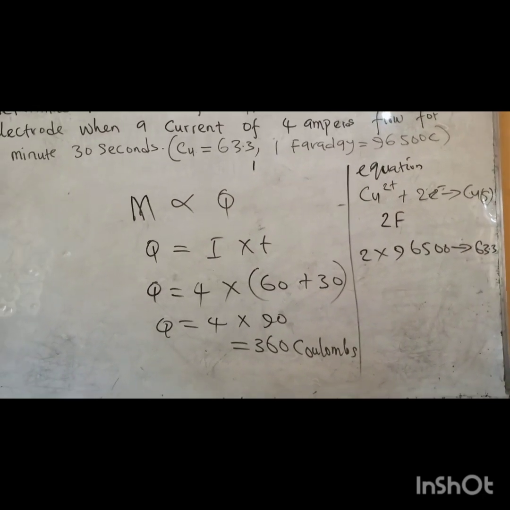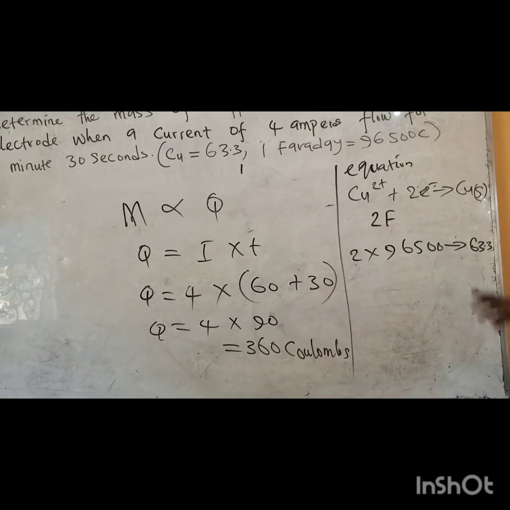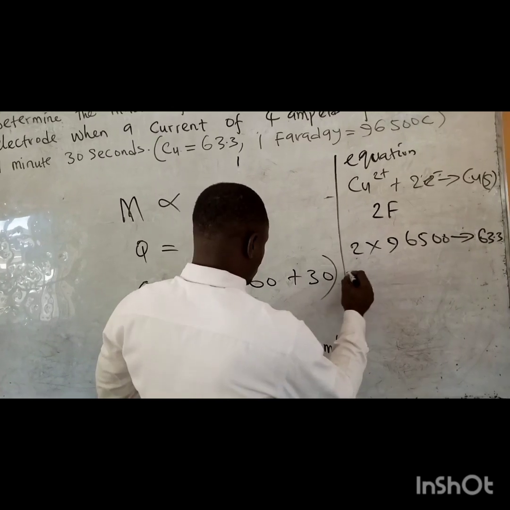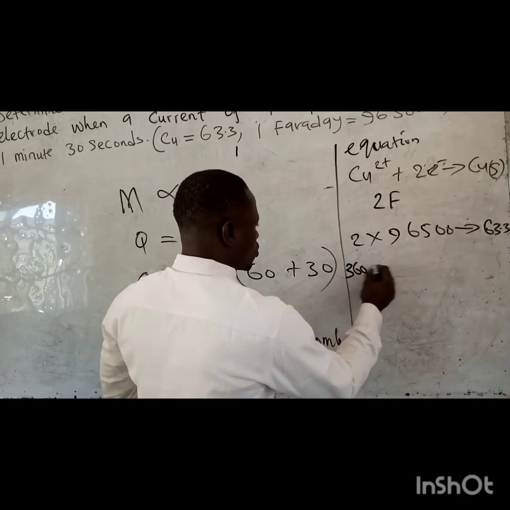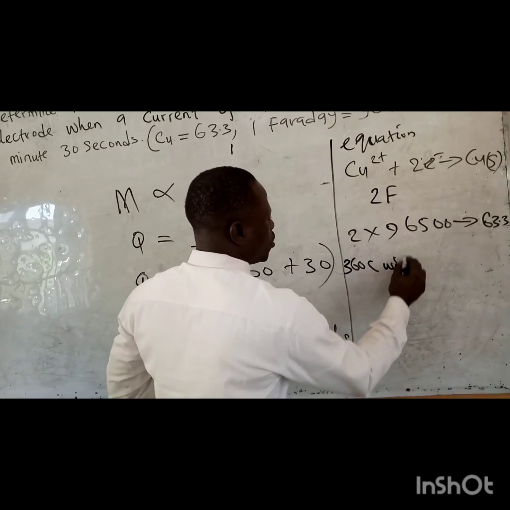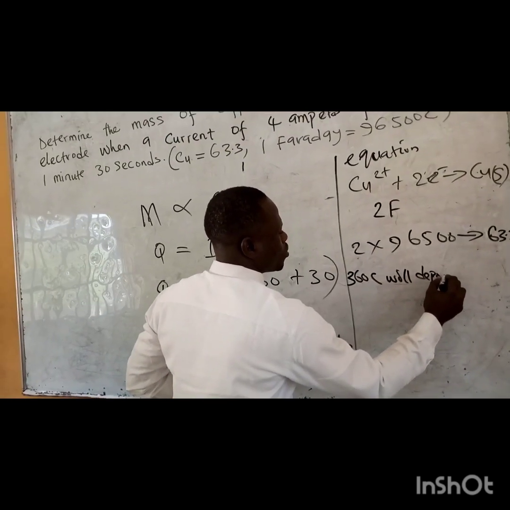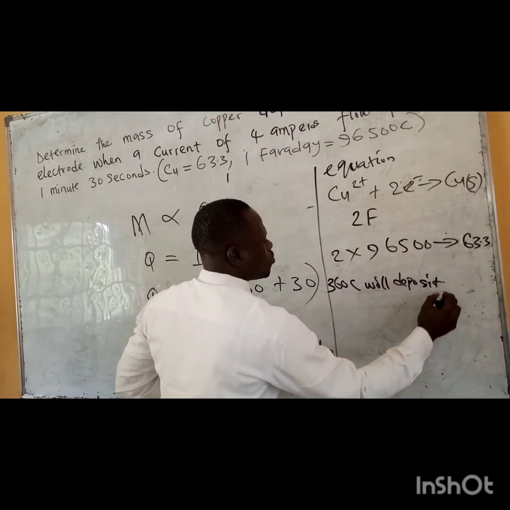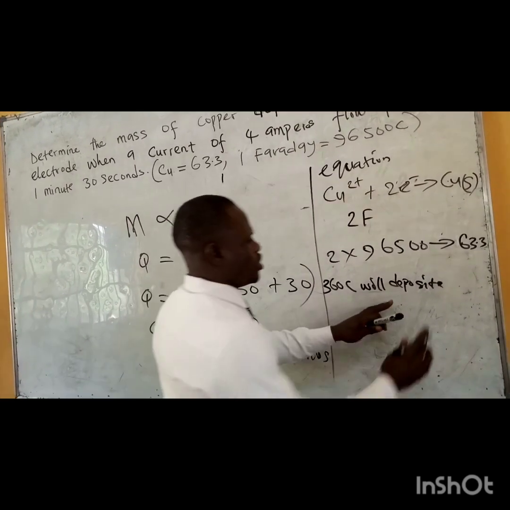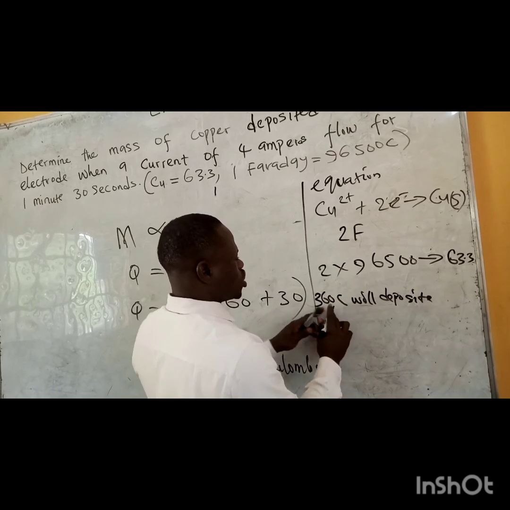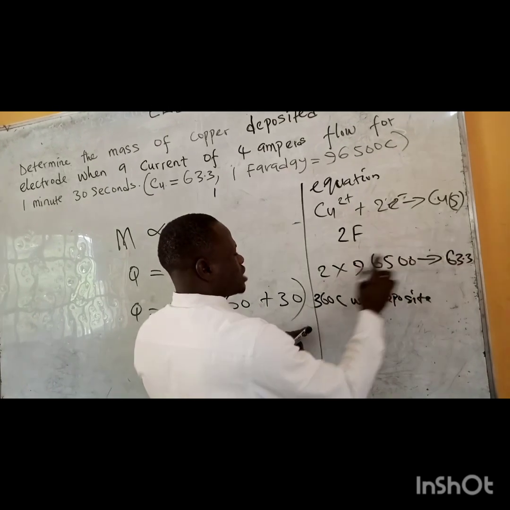Then the next step: if this will give you this, then 360 coulombs will deposit how many grams? We multiply this 360 by this and divide it by this.